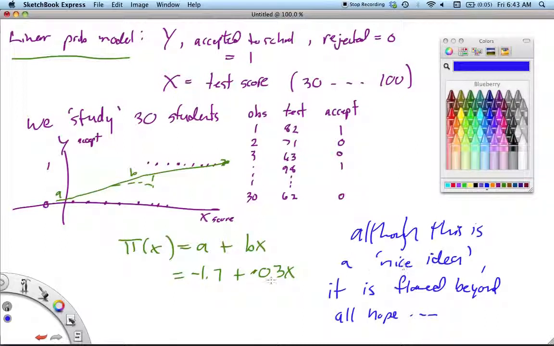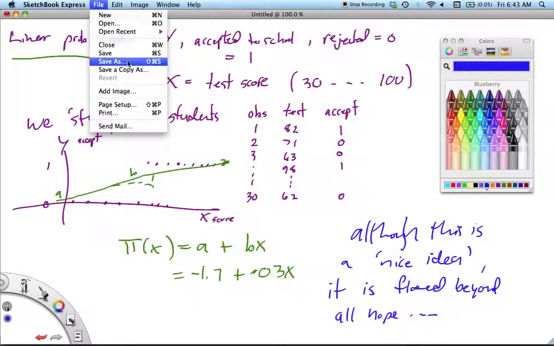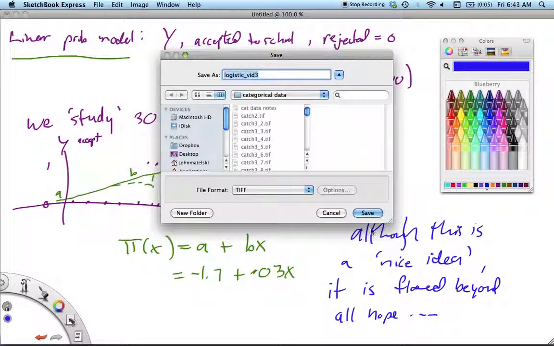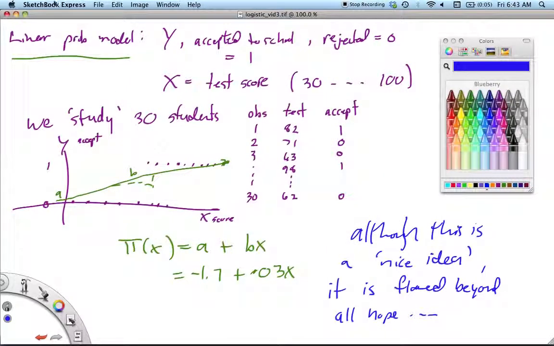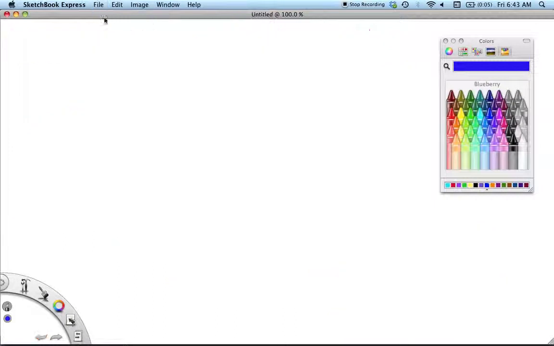So basically we have to do something better than this linear probability model. And so the answer to our problem is to see how you might use a logistic function.